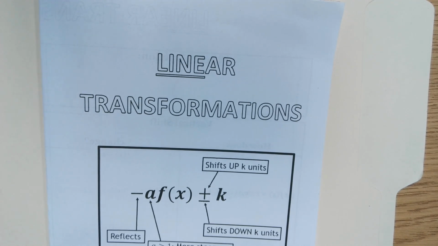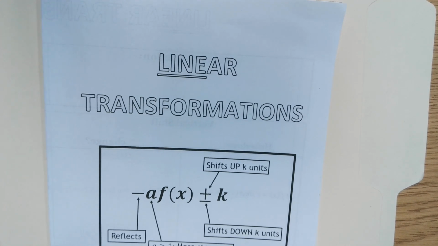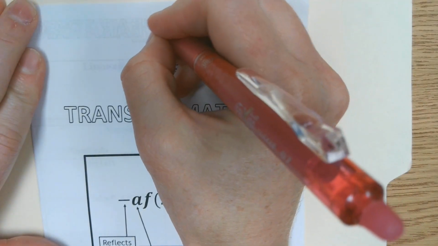We are going to do linear transformations today. So there are 3 different transformations that we're going to talk about. And the way we are going to determine how they're transformed is we're going to compare them to our linear parent function. So go ahead and write this.